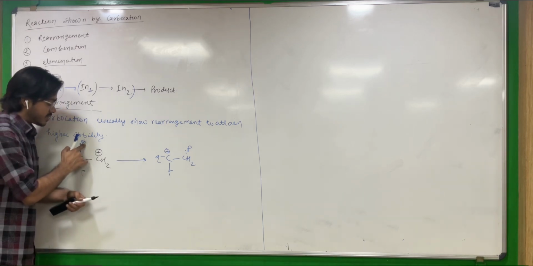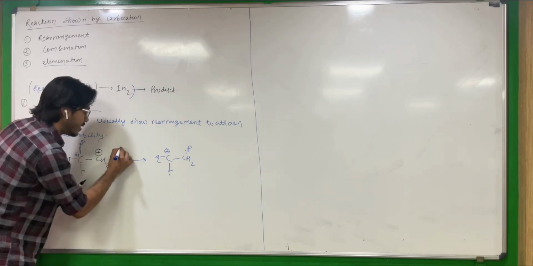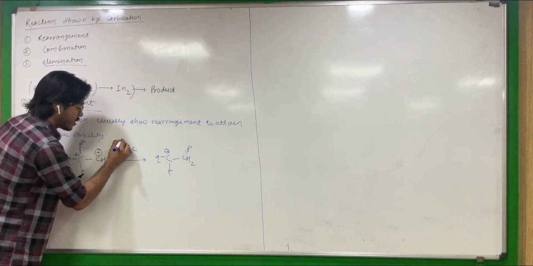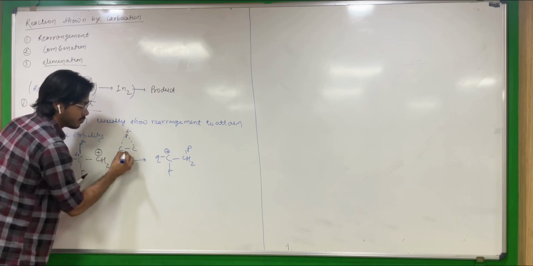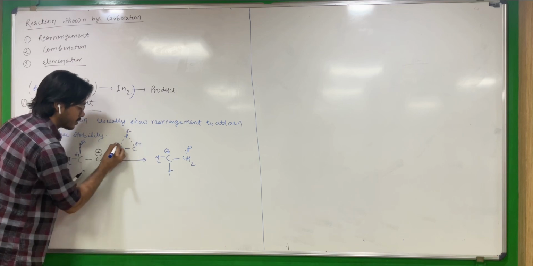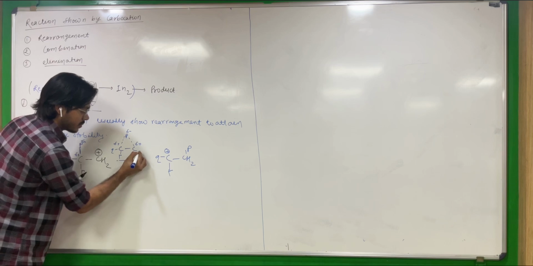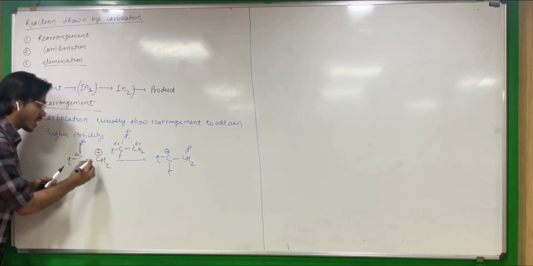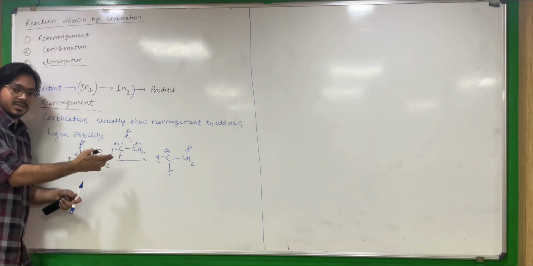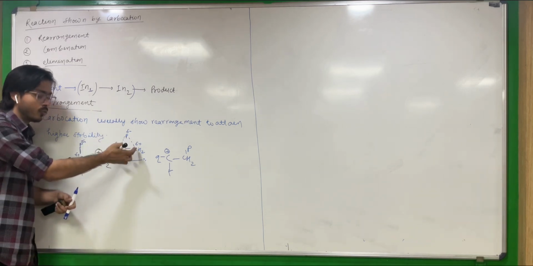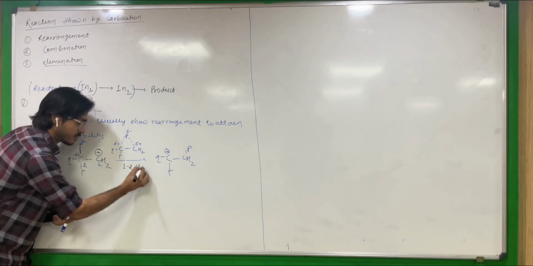Now this delta negative charge and this positive charge on the carbon will interact with each other, and a transition state will form, with delta negative on P and delta positive on this carbon. This is Q, this is R, and this is CH2. If this is carbon number 1 and this is carbon number 2, a 1-2 shift is taking place. P is going from carbon 2 to carbon 1. This is called a 1-2 shift.